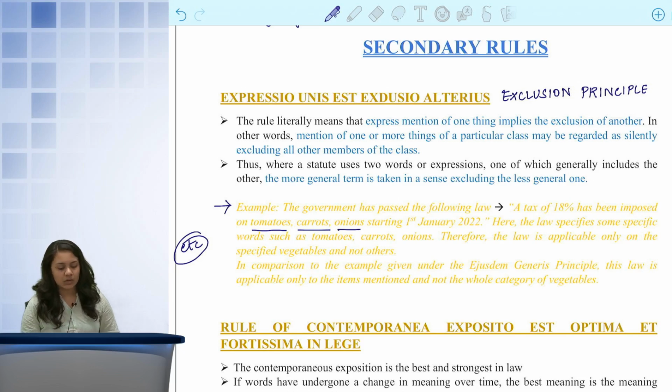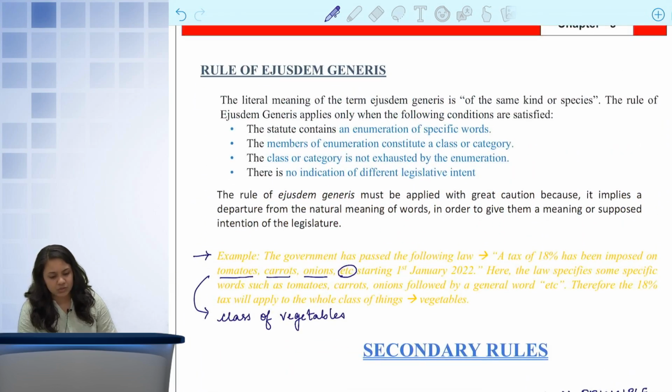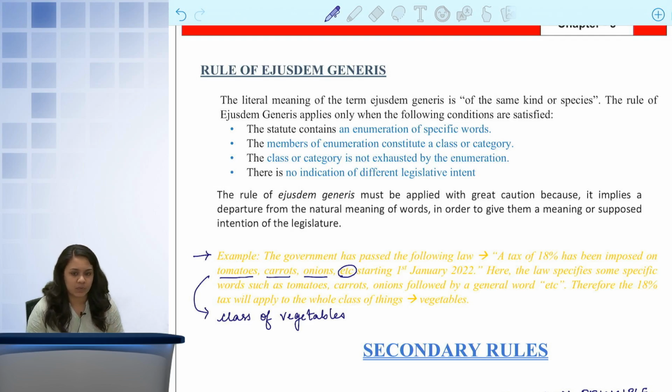Okay, so for the purpose of understanding the exclusion principle, it has to be read against the ejusdem generis principle, because please understand, in the rule of ejusdem generis, they are using the word etc. and that by itself changes the whole matter of things, in the sense that if you apply the rule of ejusdem generis, the tax would be applicable to all the vegetables simply because of that one word, that is the word etc. But then in the exclusion principle, the word etc. is not there, or the general word is not there.